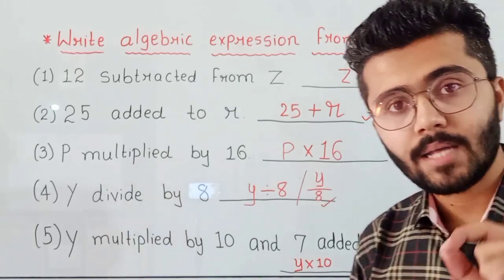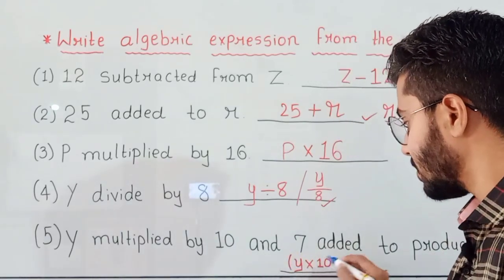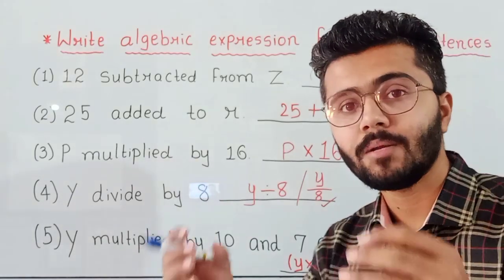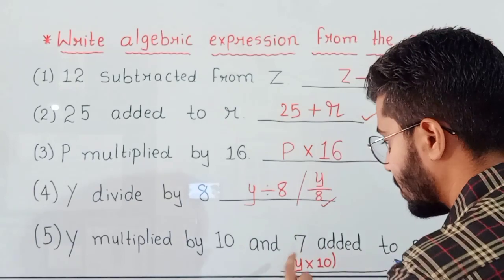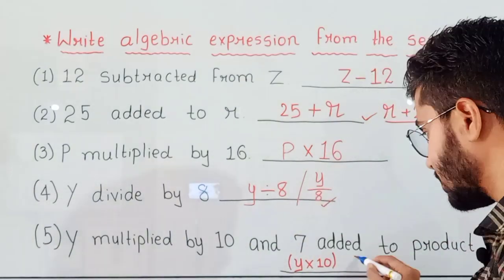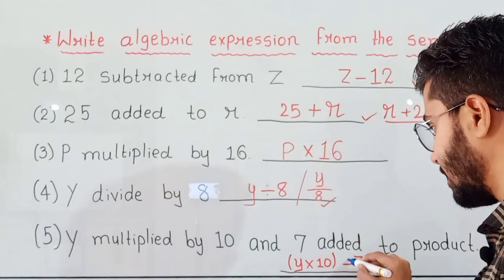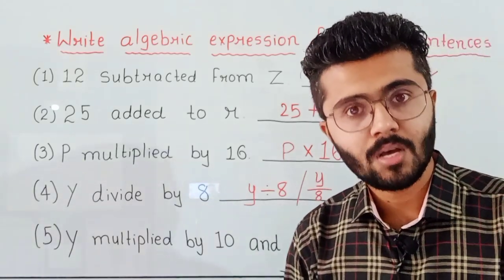Product means what? Answer of multiplication. So what we'll do, we'll keep this in brackets. It means after the multiplication, whatever answer comes, we have to add 7 to that answer. Means 7 is added to the product. I hope you are clear with this.